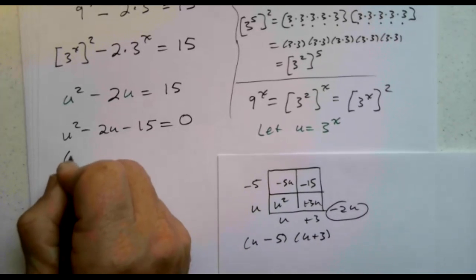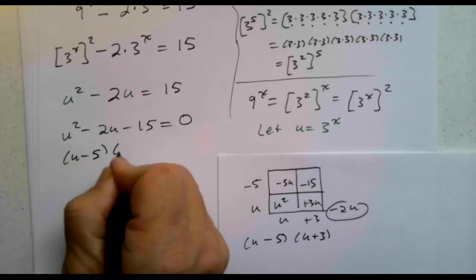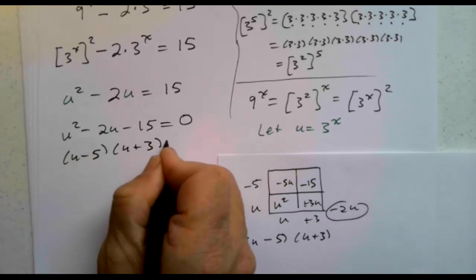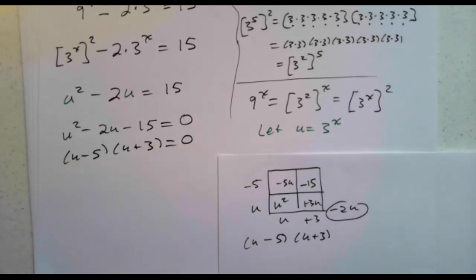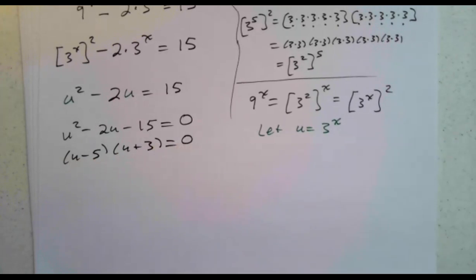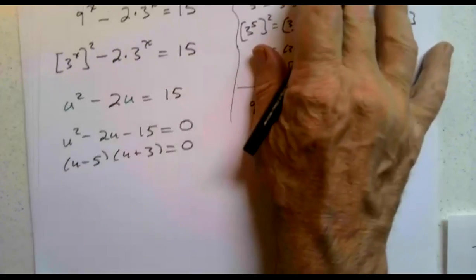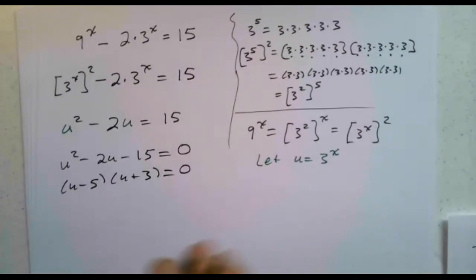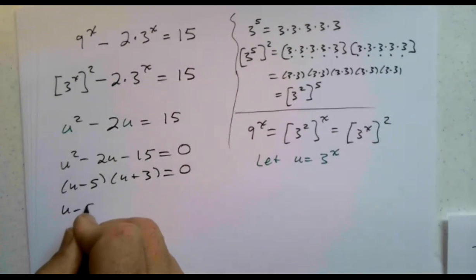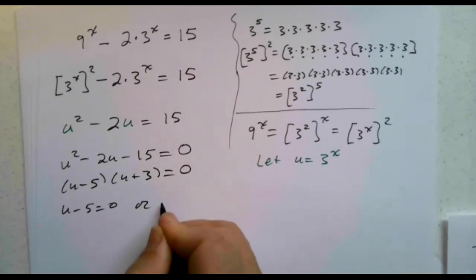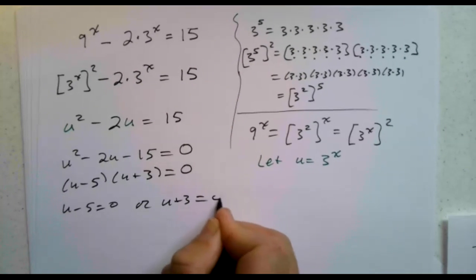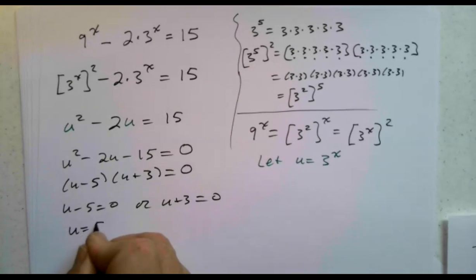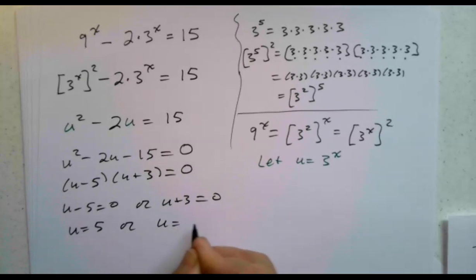So u minus 5 times u plus 3 is 0. Remember, we're solving for x, not for u. So u minus 5 is 0, or u plus 3 is 0. So here we get u is 5, or u is negative 3.